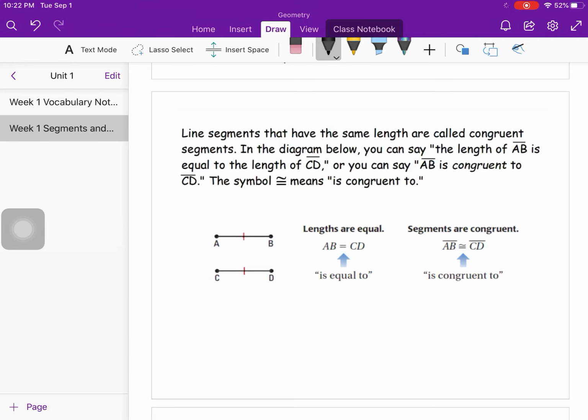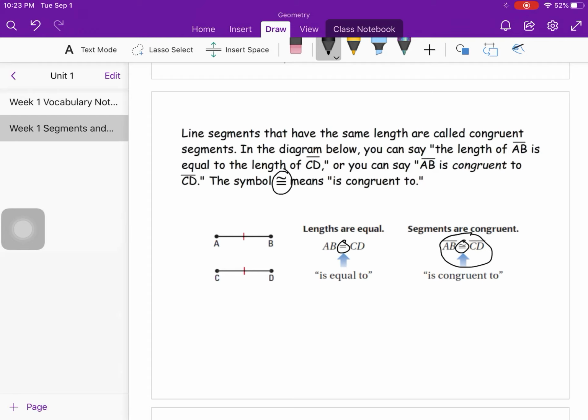So this is lengths are equal, AB is equal to CD, and segments are congruent. If you notice, the only thing that's really different besides the symbol is that there's no bar over top of AB and CD on the left side, but there is a bar over the top of these ones. The reason is because when you're talking about lengths of segments, you leave the bar off.